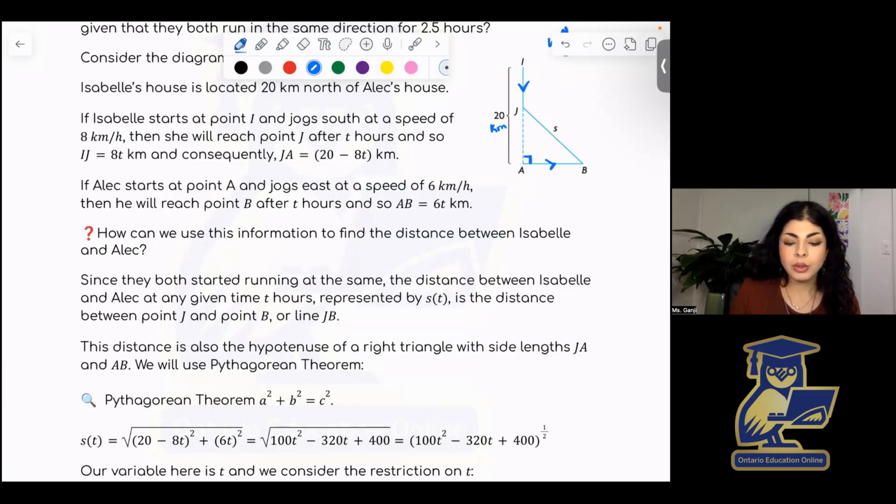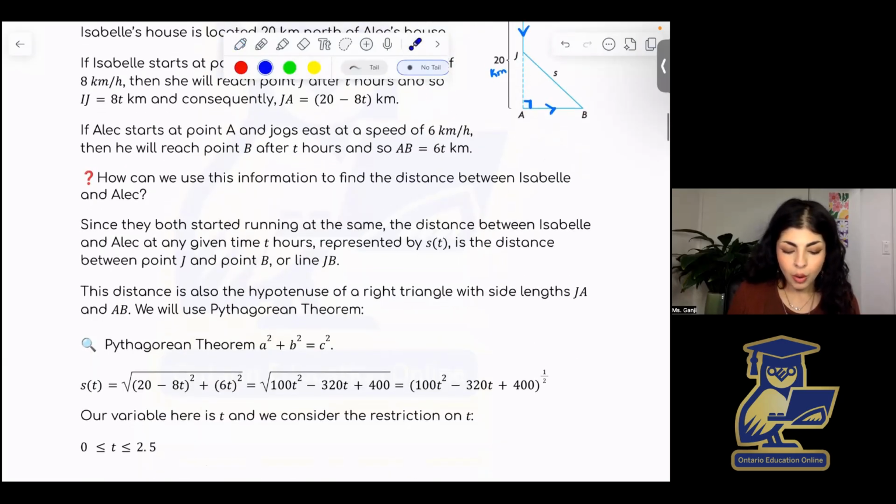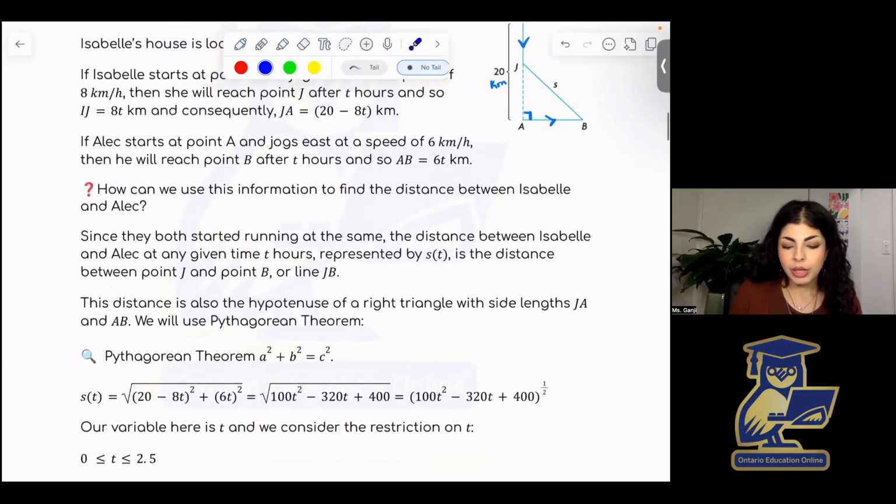So we are using the Pythagorean theorem here to find S. Using the Pythagorean theorem, we know that a squared plus b squared is equal to c squared. So that means JA squared, let me write this for you: S of t squared is JA squared plus AB squared.